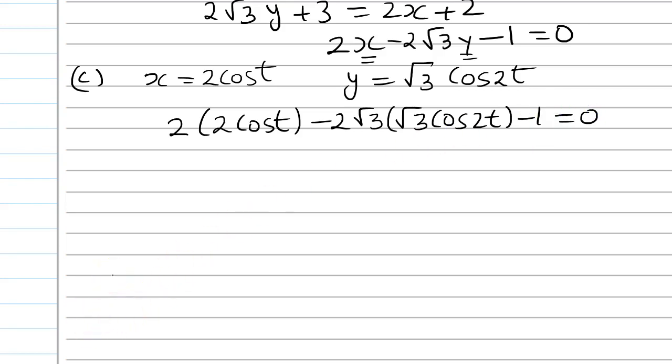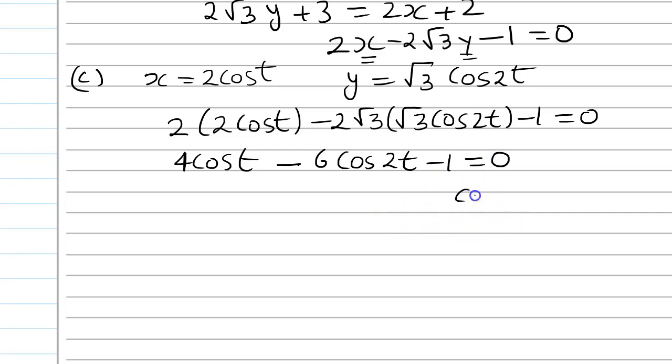So let's solve it. It will be 4 cos t, and if you multiply minus 2 root 3 with root 3, it will be minus 6 cos 2t and minus 1 equal to 0.